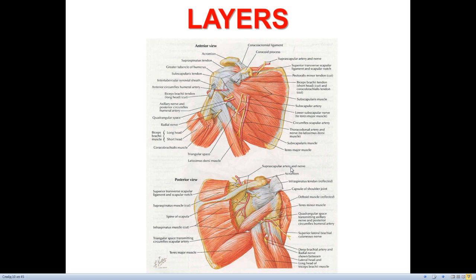Medially it's a line which connects the ends of these muscles, and this line must pass on the level of the third rib. Laterally, the same line, but which passes on the medial surface of the arm.